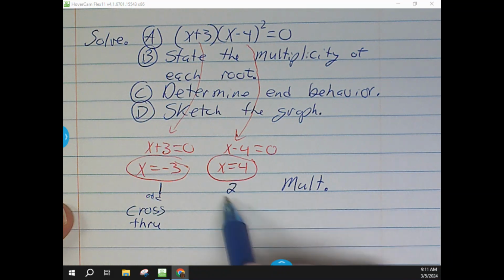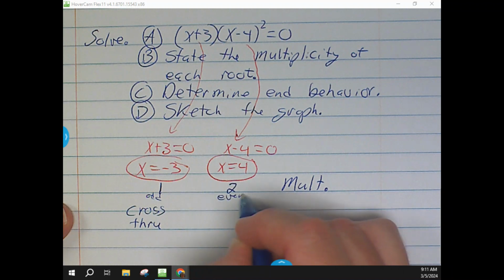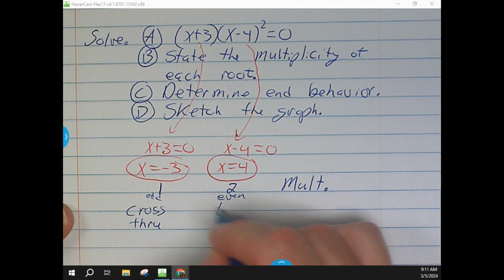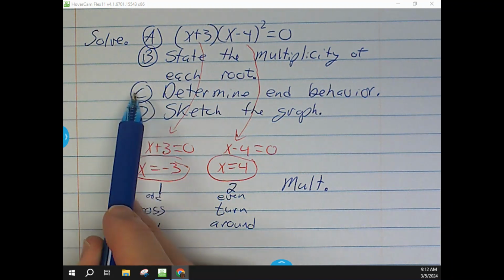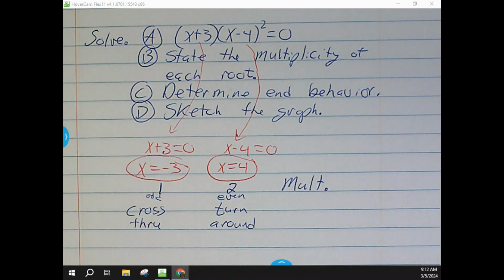And because this 2 is even, that means when we get to this point, we're going to turn around. Before we get to the end behavior, we're going to get back to that in just a second. Everybody okay with that first part? Everybody okay with the solutions, where we got the multiplicity, and what happens through it?